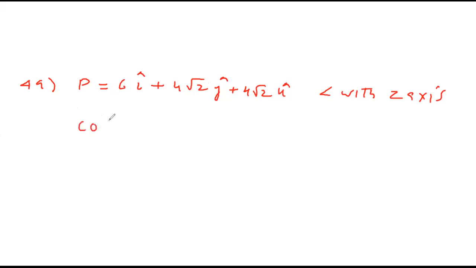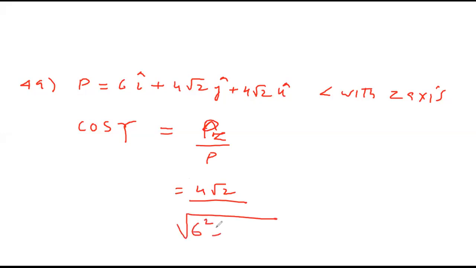With z-axis, first we can find cos gamma, which is P z upon magnitude of P, that is 4 root 2 upon root of 6 square plus 4 root 2 square, 16 into 2, 32, plus 4 root 2 square.